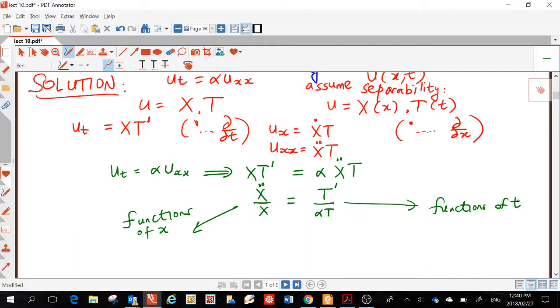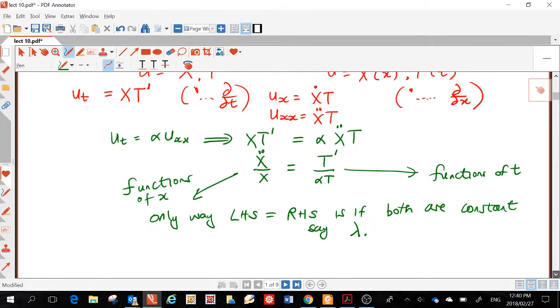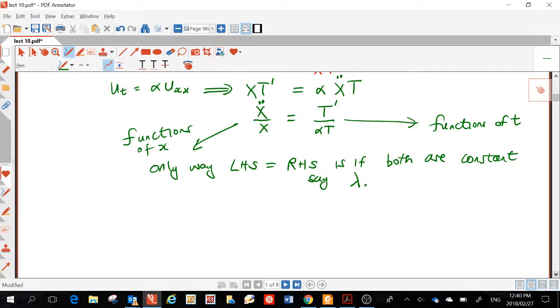You're not believing this. Do you agree with this or not? The only way the left-hand side can equal the right-hand side is if both are constant. Say lambda. I'm going to make an inspired use of the letter lambda.